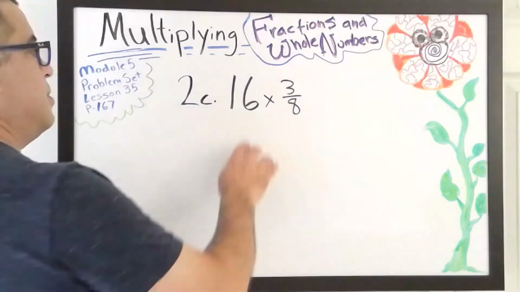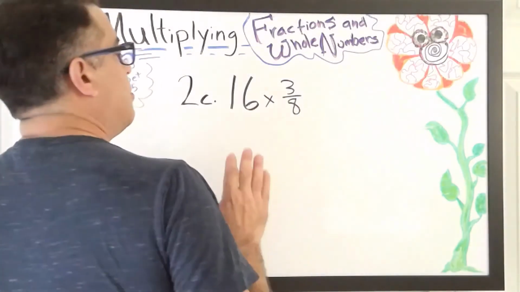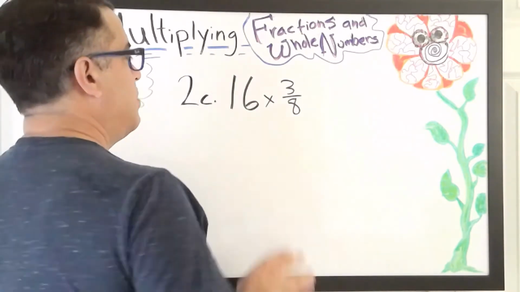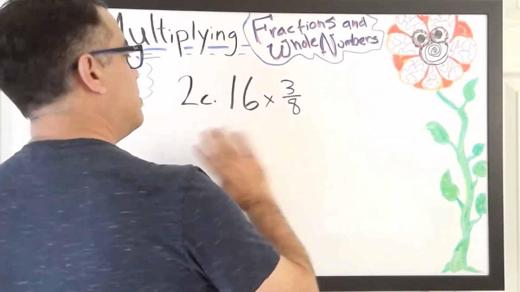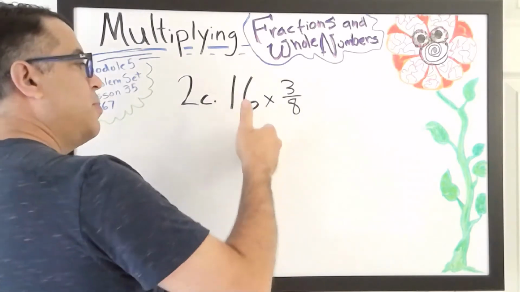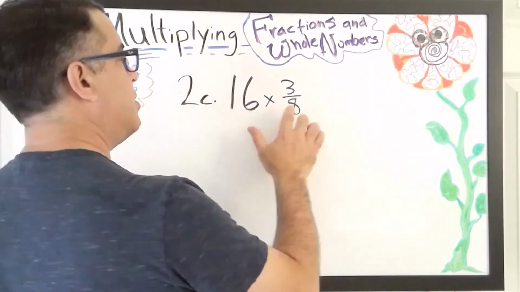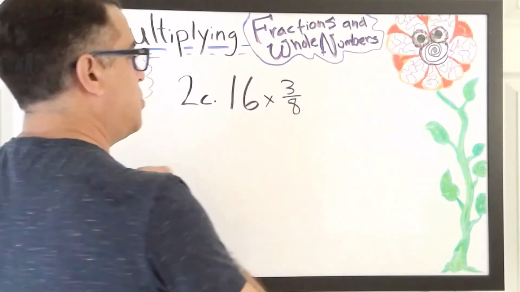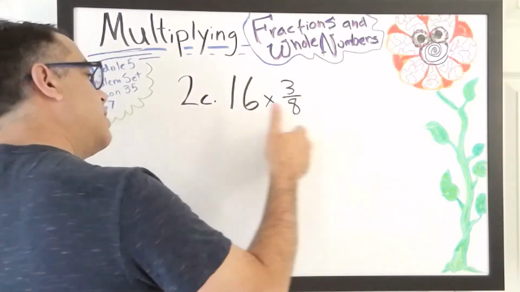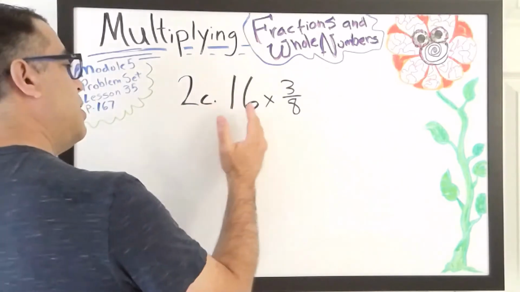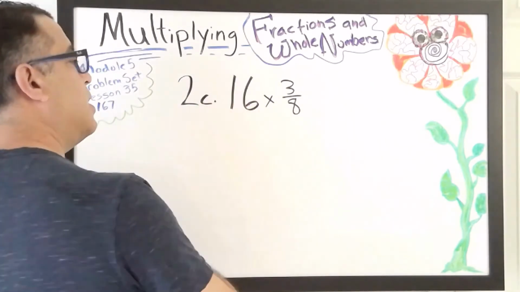But let's think about this. 16 times 3/8. We could say as a tape diagram that 16 times 3/8, that's not a mixed number. Remember, a mixed number would be a plus sign. This is actually saying 16 sets of 3/8, just like normal multiplication. If you look at it as a tape diagram, it'll be 3/8, 3/8, 3/8 added together 16 times.